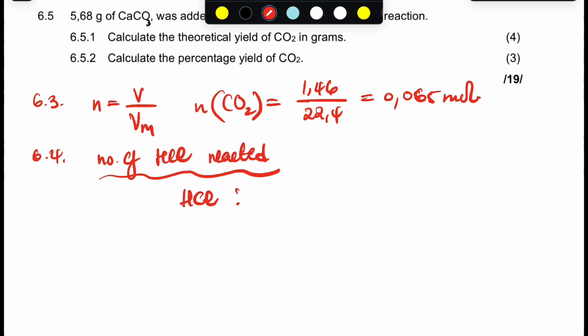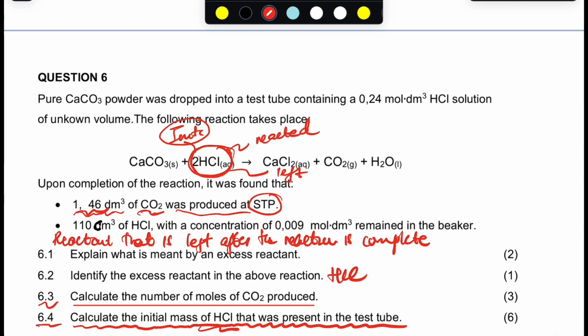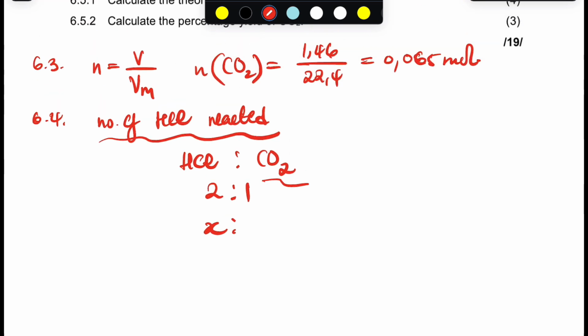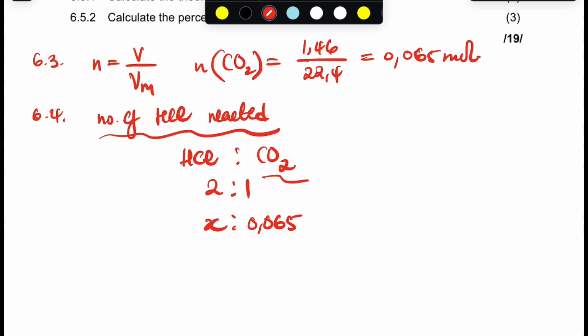The ratio of HCl to carbon dioxide is 2:1. So we wanted the HCl and the carbon dioxide. The carbon dioxide is 0.065, so we multiply the 0.065 by 2, and then we cross multiply, right? So the answer x here is going to be 0.13 mole. This is the amount of HCl that reacted.